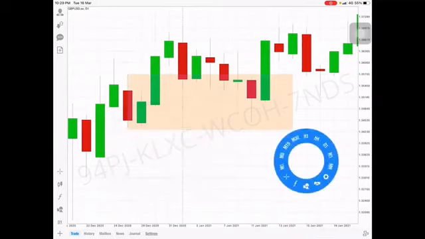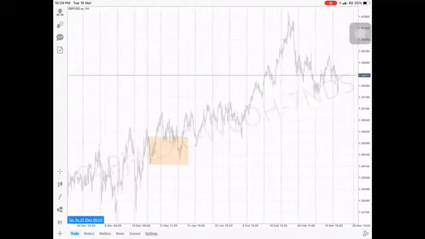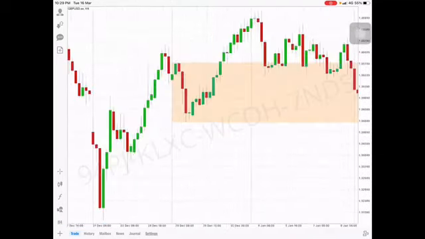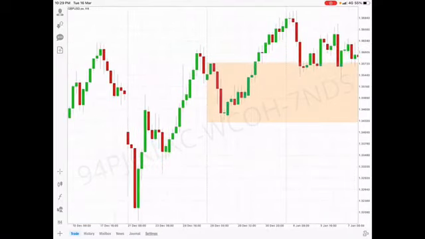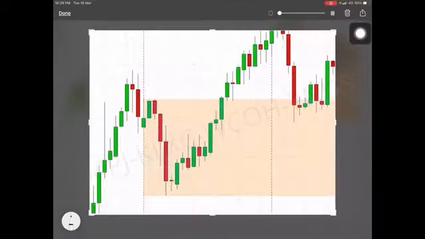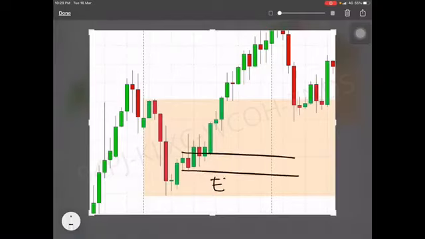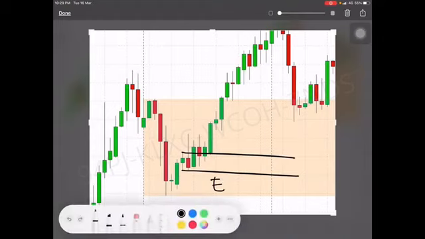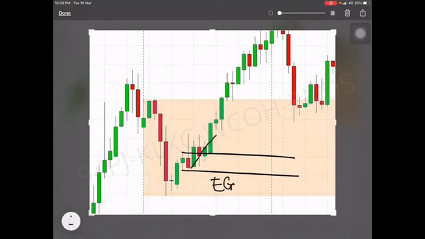H4. Okay, so now look here. Is there any engulfing that we can mark? Yeah. So what engulfing do you see? I see this one. This is an EF, right? That is a sell engulfing, right? Sell engulfing, but it broke upwards, so it has become EF.